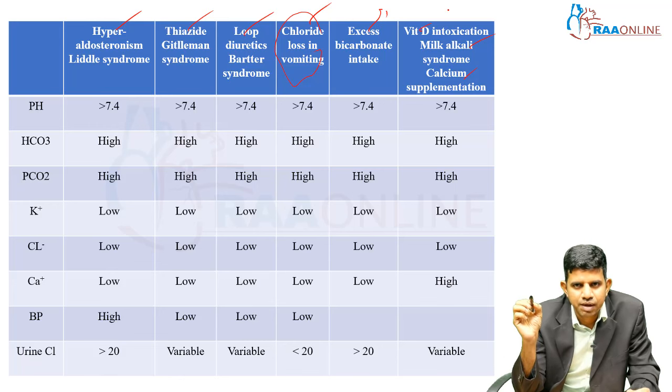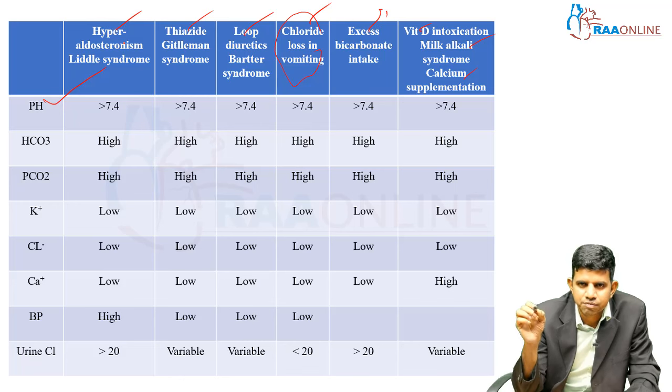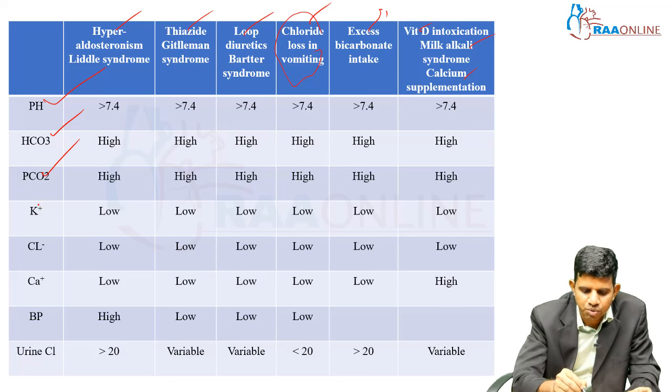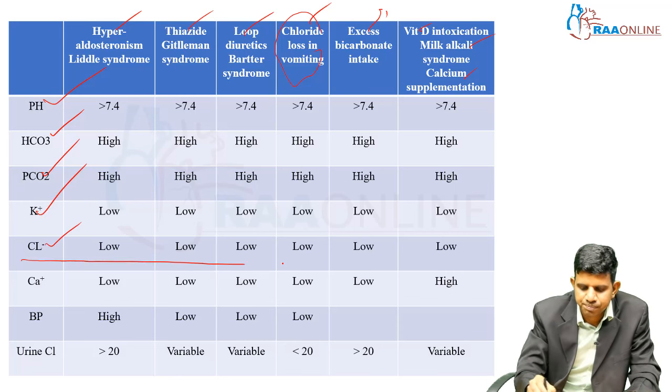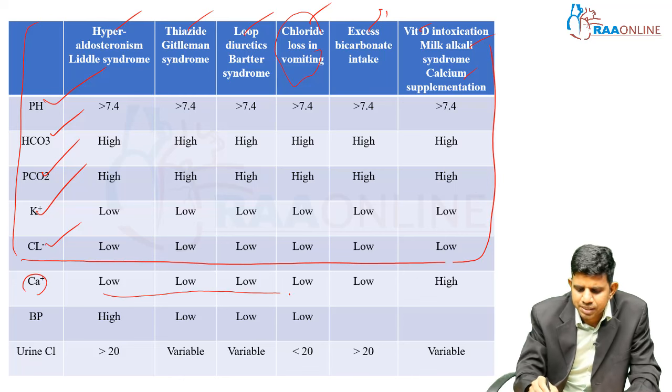All these conditions will have a pH more than 7.45. All these conditions will have a high bicarbonate level. All will have a secondary compensatory PCO2 that is high. All these patients will have a low potassium and a low chloride. These are common for all. The calcium level will be low in all these conditions, except in milk alkali syndrome or exogenous calcium supplementation.